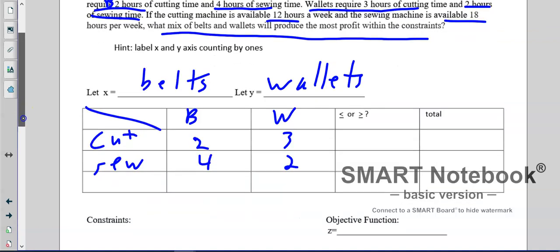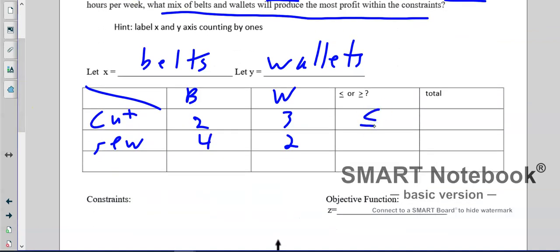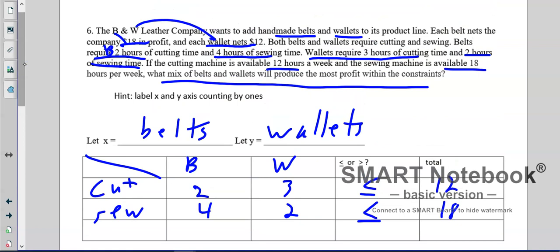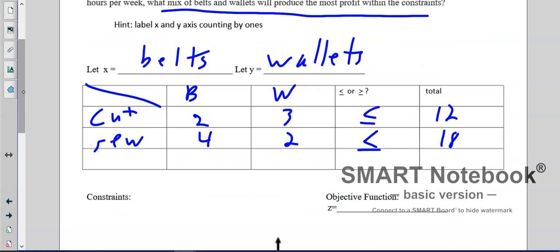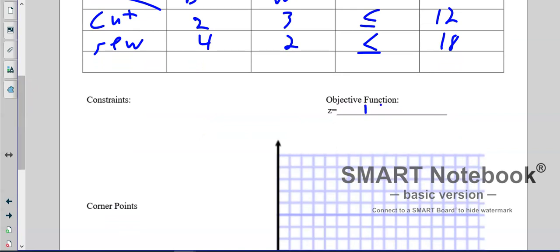Now the cutting machine is only available for up to and including 12 hours, and the sewing machine is only up to and including 18 hours. That's our table. Now, we look up in the thing for the profit. All right? And that is right here. So belts is 18. So that's 18x. And wallets is 12, so that's 12y.